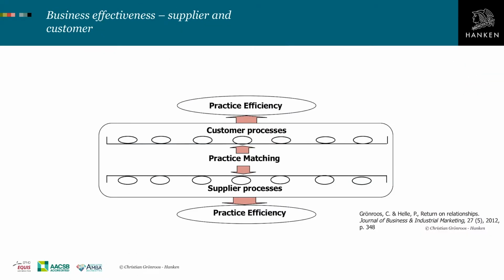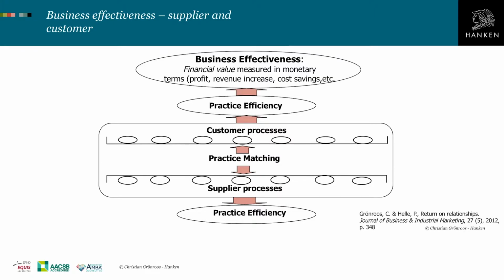Now, the next phase is to look further. This is the same figure as in the previous slide. But looking at this from the customer process, the practice efficiency translates into business effectiveness.